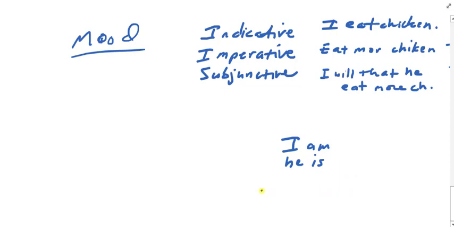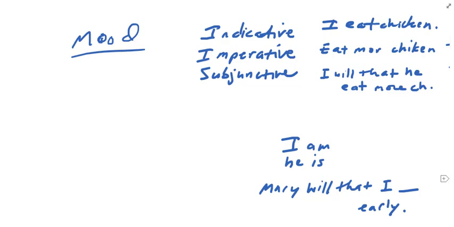But if I wanted to say something like Mary wills that I blank early or on time, which form of the verb to be am I going to use here? Mary wills that I be early.